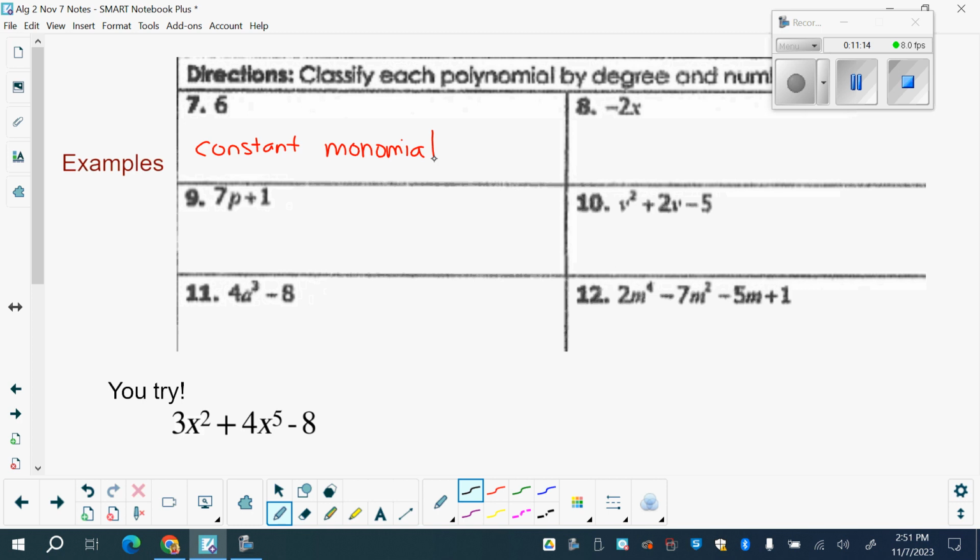So number 8. It's got an x this time, so it's not a constant. X means it's called linear. Good. So it's a linear, only 1 term, so it's called what according to the number of terms? Monomial. Linear monomial. Okay, number 9, 7p plus 1.